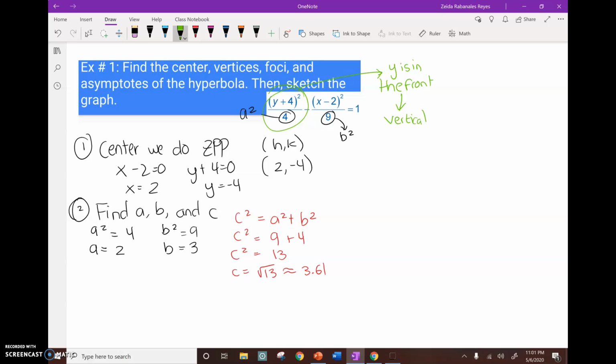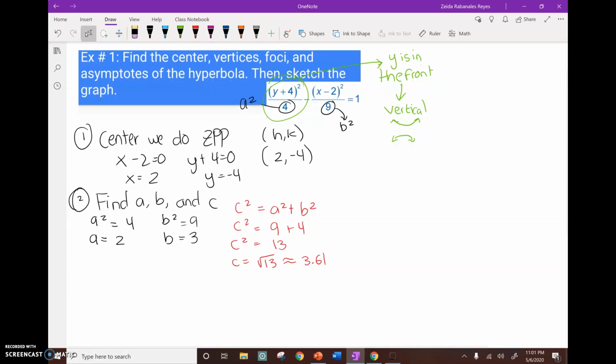So then that means that they are gonna open up. One is up and one is down. Alright, so what does that mean? That means that every value is going to be actually added to your k, because k is the y-coordinate.